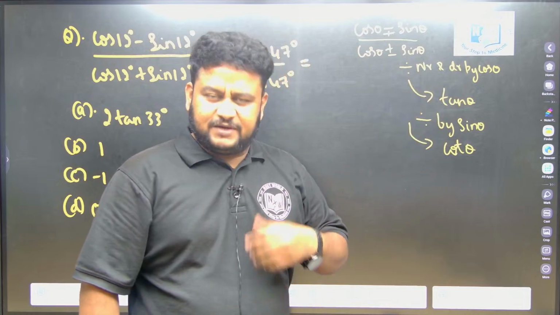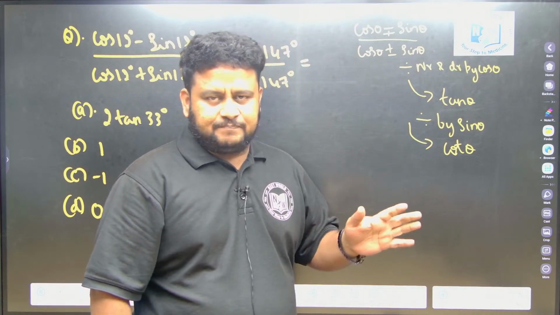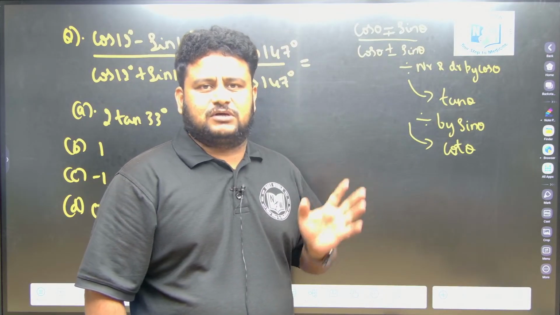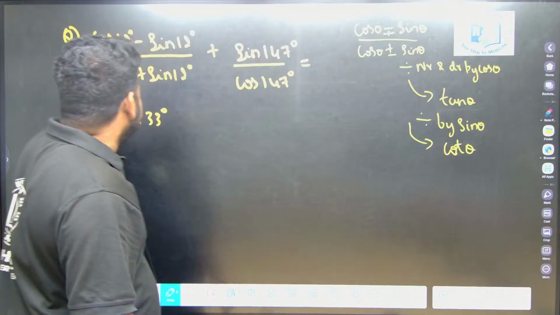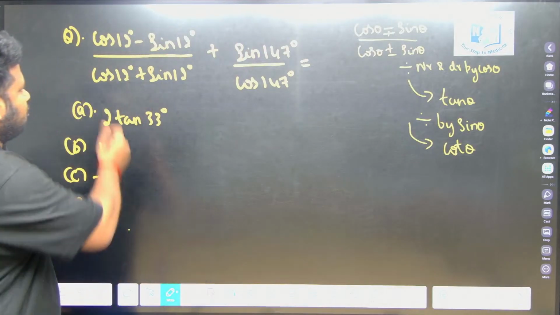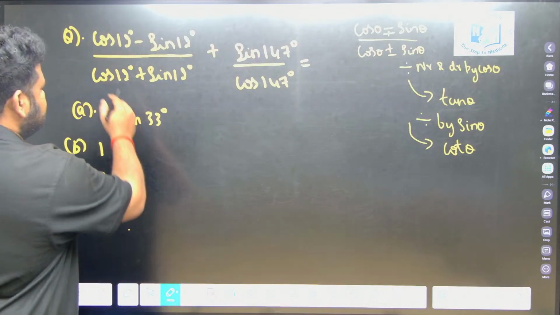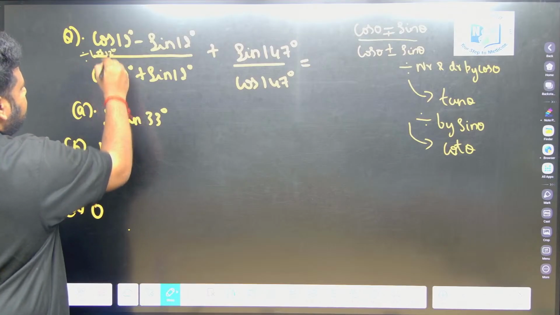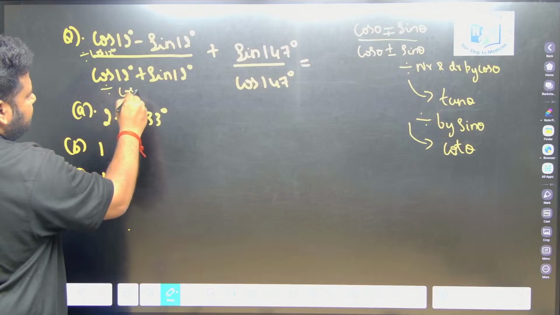Most of the cases you will be dividing by cos theta and get it to tan theta. Once you get to tan, it is easy to convert to cot, because tan and cot are reciprocals of each other. Now, here if I divide numerator and denominator by cos theta, here theta is 12 degree. So, if I divide this by cos 12 degree, and this by cos 12 degree, what I will have, friends?